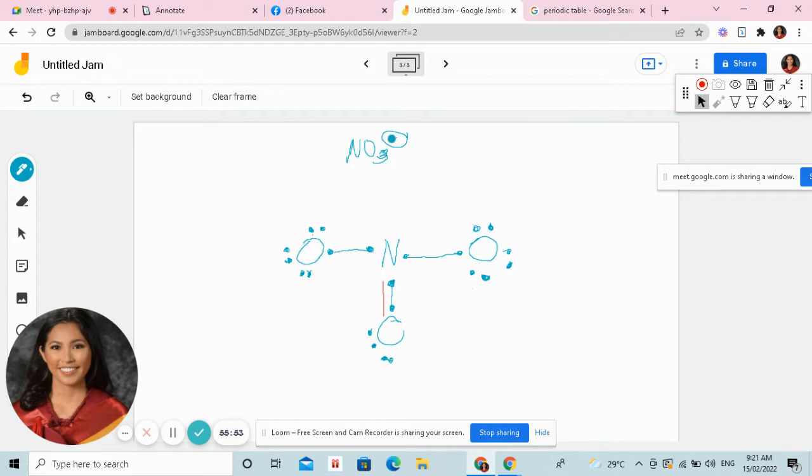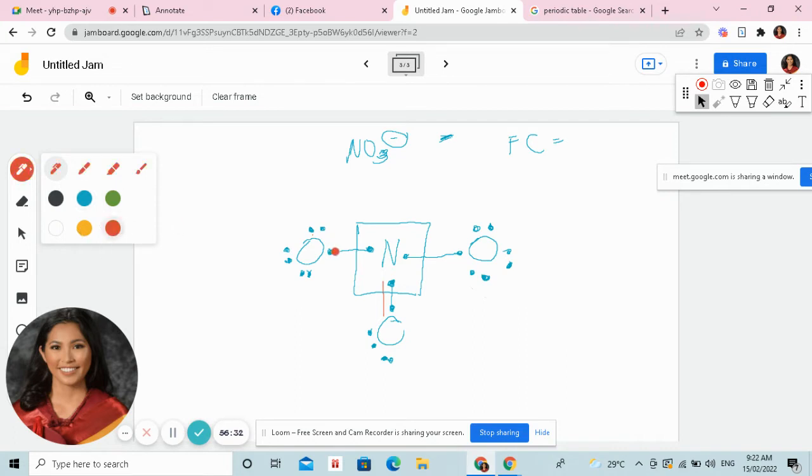So the negative sign came from here, the nitrogen. It's the formal charge. How are we going to identify the formal charge? We will count how many electrons the atom has once it is bonded to other atoms.